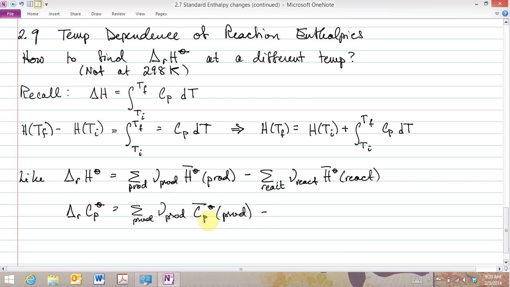And these values are provided so that you can calculate this change in heat capacity.